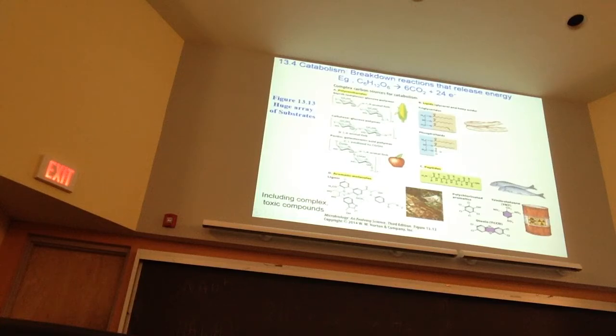There are organisms in nature that break down these massively complicated lignin molecules that would otherwise never be broken down if it wasn't for these ligninolytic fungi, these white rot fungi that live in the woods. So just a little bit of an expansion of not just the usual culprits being used as substrates for energy.